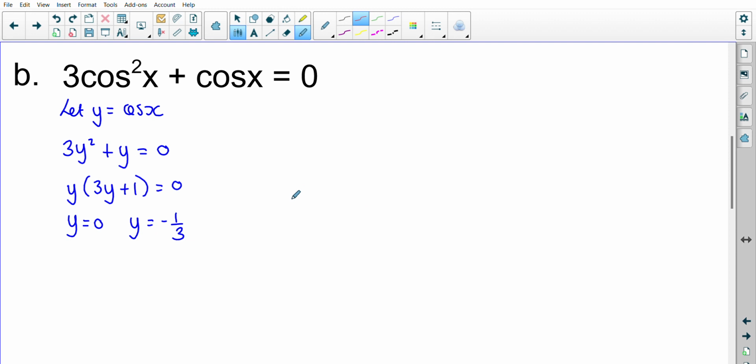I'm going to have to swap back because I did a substitution. So it's not y I'm interested in, it's cos x I'm interested in. So cos x is 0 and cos x equals minus a third.